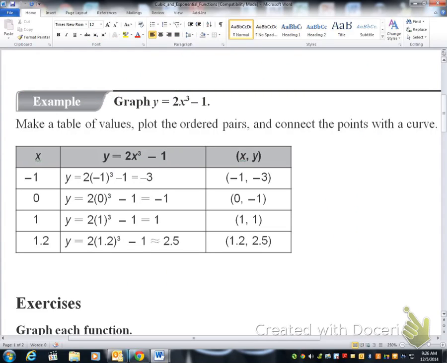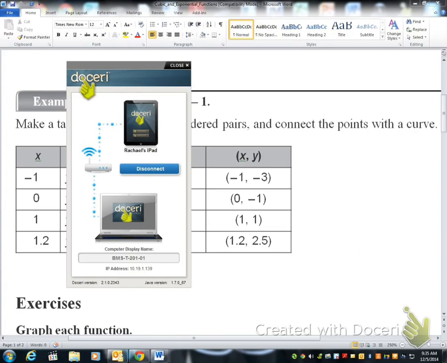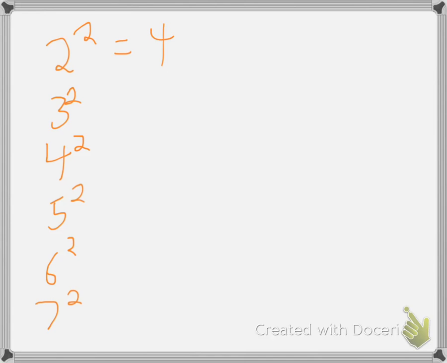So let's say I have 2 squared, 3 squared, 4 squared, 5 squared, 6 squared, 7 squared, like that. All right, 2 squared is 4, 3 squared is 9, 4 squared is 16, 5 squared, 6 squared, 7 squared.